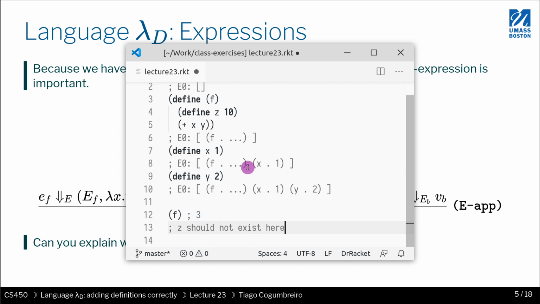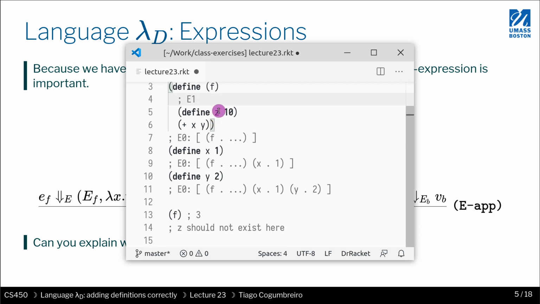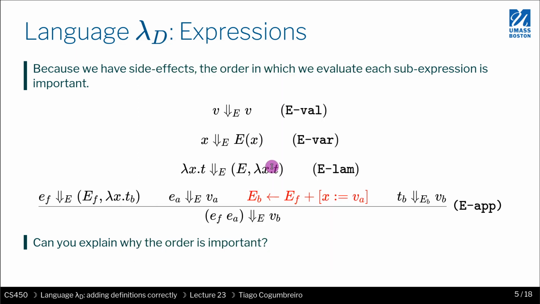When we call a function, it shouldn't declare variables outside of this scope. Here we should have a new scope, an E1. So this Z is defined in E1. It should not be defined in E0. And that's the key point to have in mind.